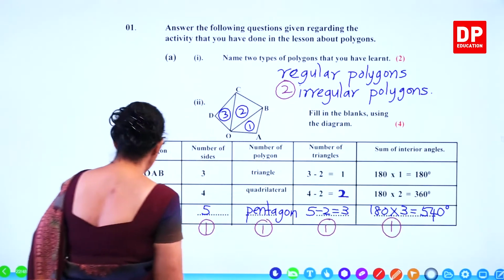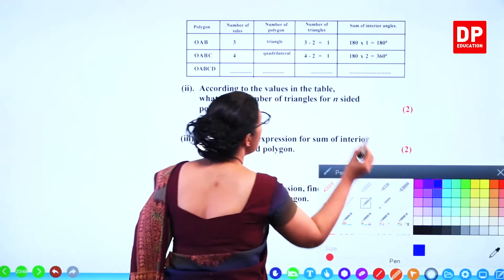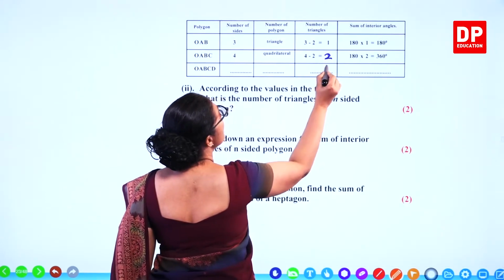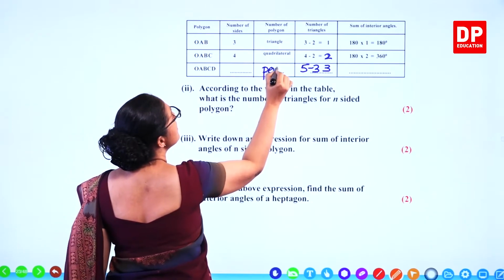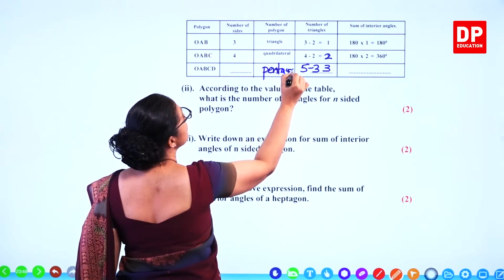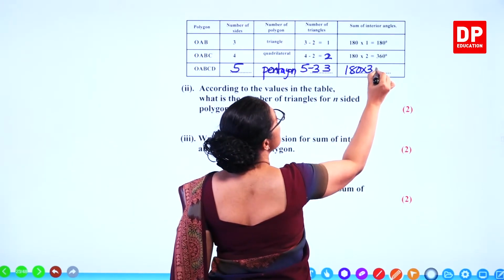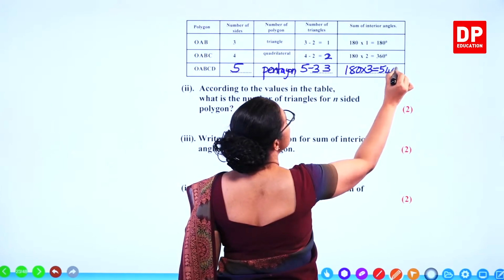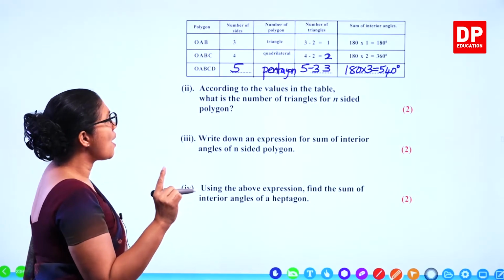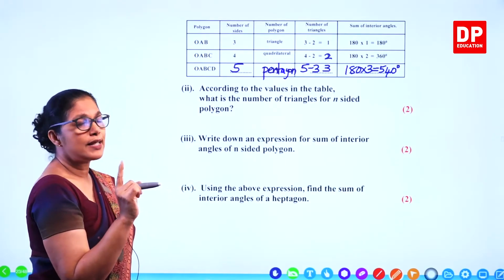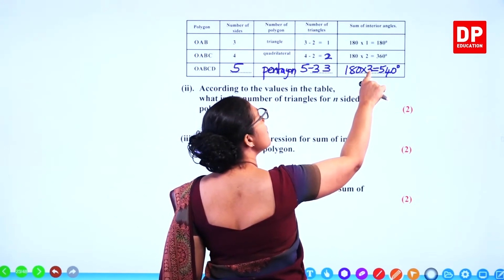Let's take the next one. So I'll fill it again. So this is 2, and this is 5 minus 2, and this is a pentagon, and this is 5. 180 times 3, that's 540 degrees. According to the values in the table, what is the number of triangles for an n-sided polygon? This is 5-sided, you get 3 here.